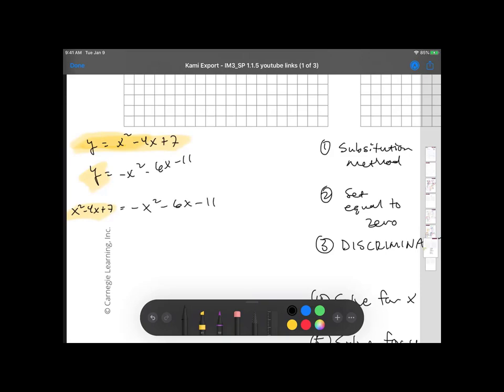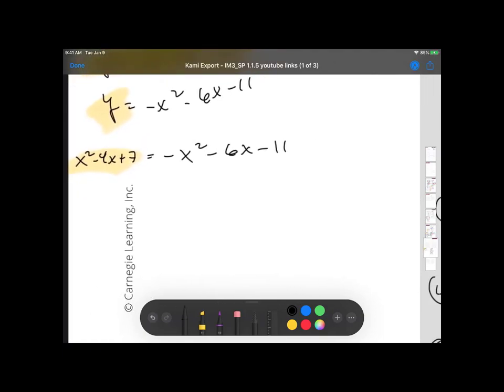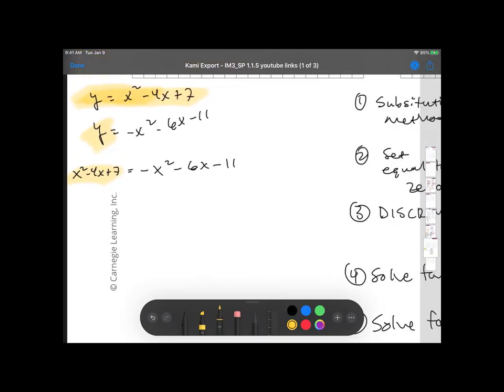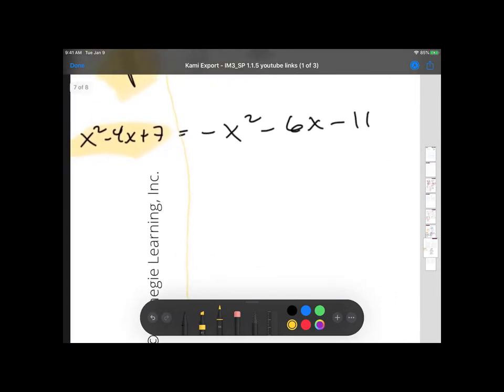Okay, question. It's not wrong. You can move everything from the right to the left or left to the right. Does not matter. But you do want to think ahead and consider, what would happen if I move the left to the right? I would get a negative a value, which is not easy to factor. So you want to move everything to the left.